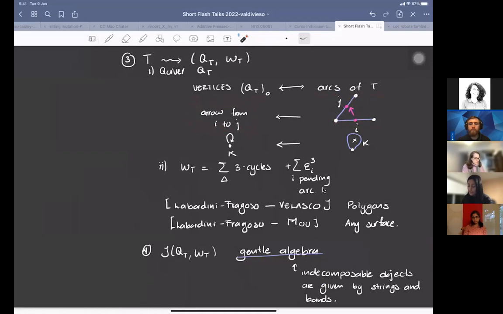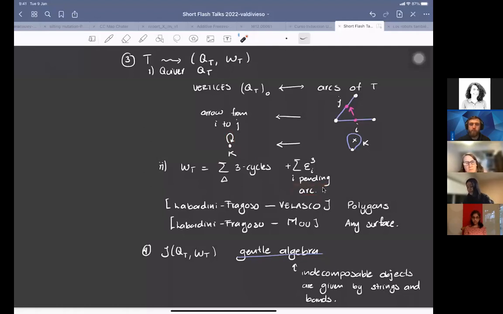And for the bending arcs, we are going to have loops like this. And in our case, the potential is given by the sum of the three-cycles appearing in the internal triangles, plus this expression, which are the loops to the cube, one for each bending arc.